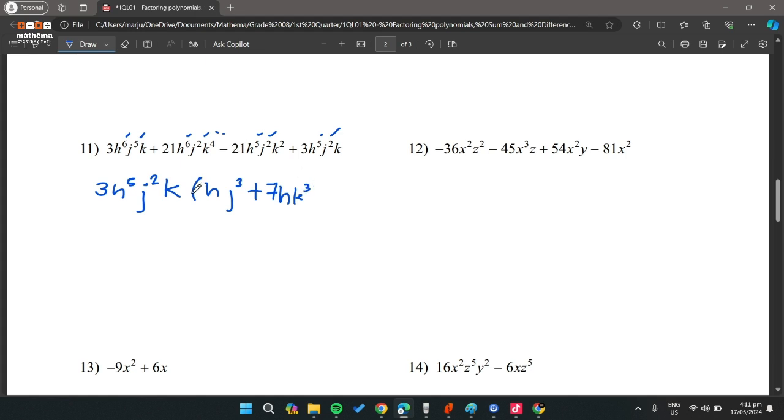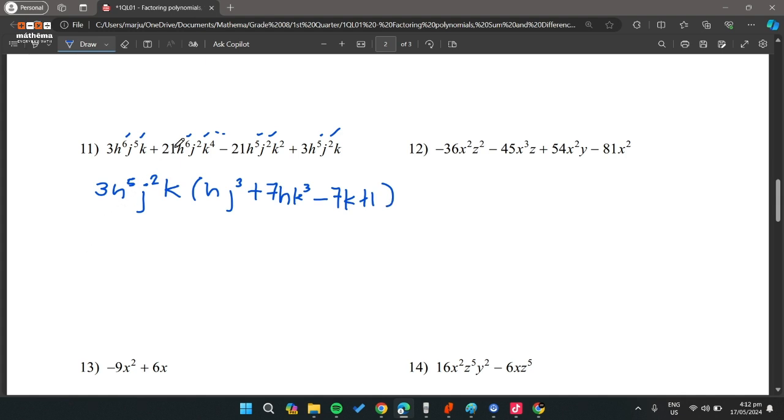And then we have 21, so that is 7. And then we have h, 5 cancelled, j squared cancelled, k squared, and then k, we have k remaining, and then plus 1. So that will be our answer again for number 11.